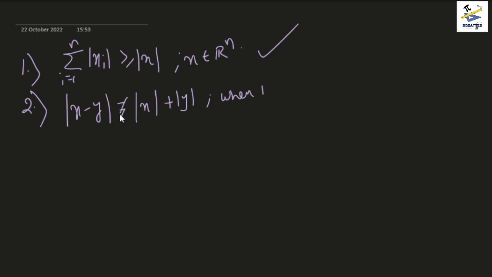So when does equality hold? Let's try and construct a proof for it. Well, obviously, if norm of x minus y is less than or equals to norm of x plus norm of y, this is something we need to prove first.